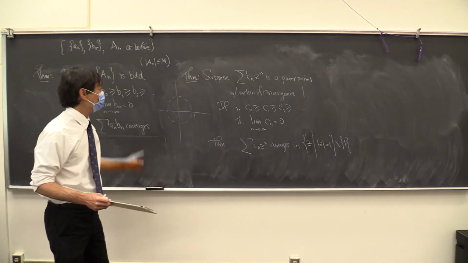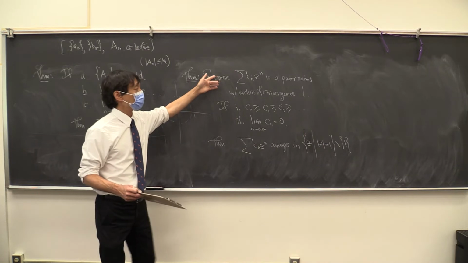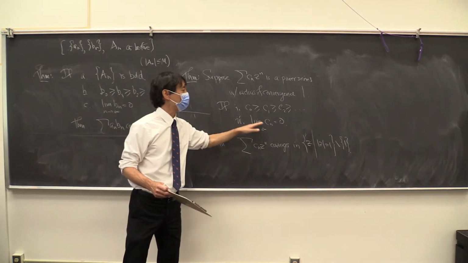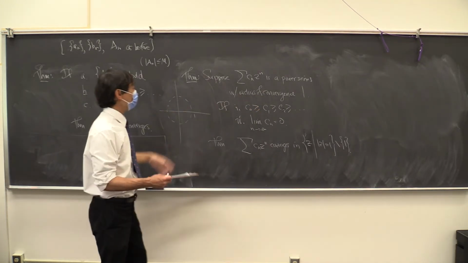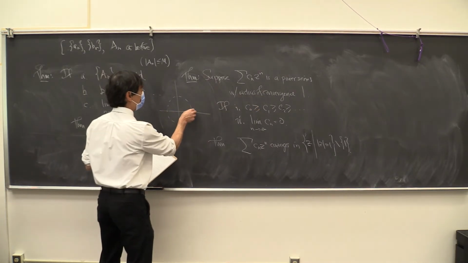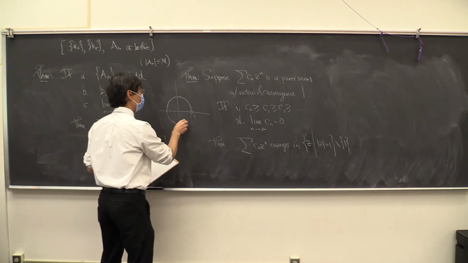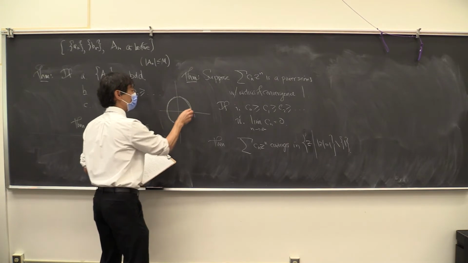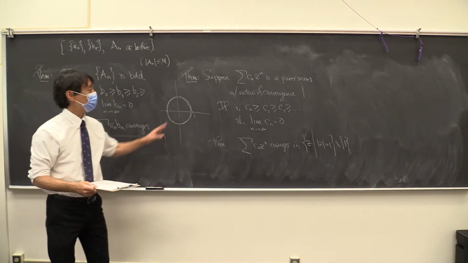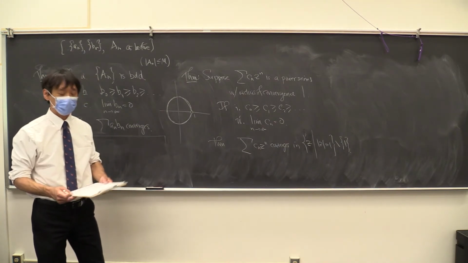So what this is saying is that you've got this power series, the coefficients are decreasing, they decrease to 0, and you know that it has a radius of convergence of 1. In fact, it converges on the boundary as well, excluding this point 1. So it tells you about the boundary behavior of your series.